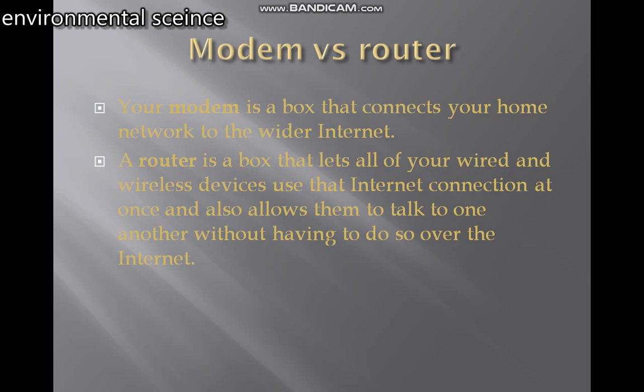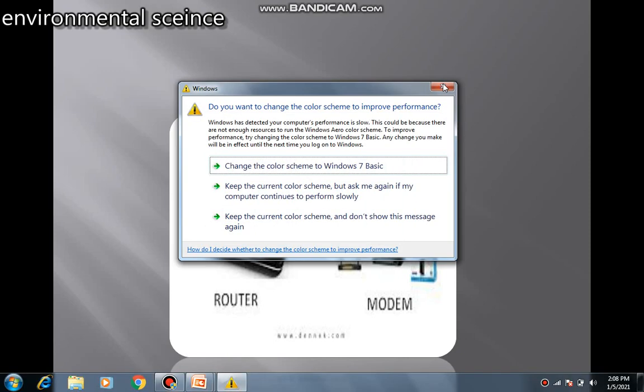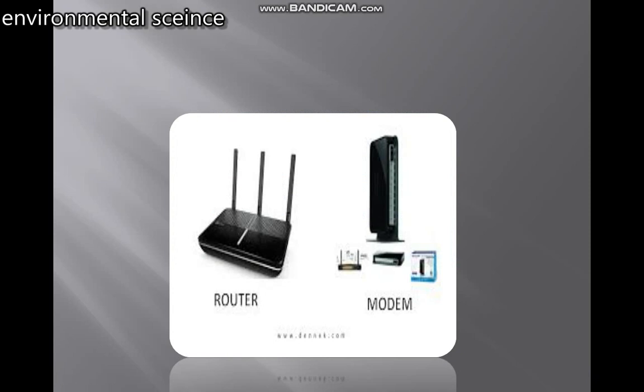So basically, a router is used in homes, as we are all familiar, to connect wireless or wired devices using the same internet connection. Next we move and you can see the definitions and pictures of router and modem.